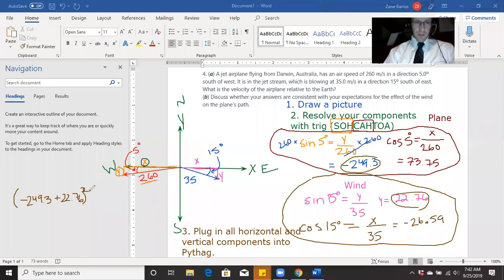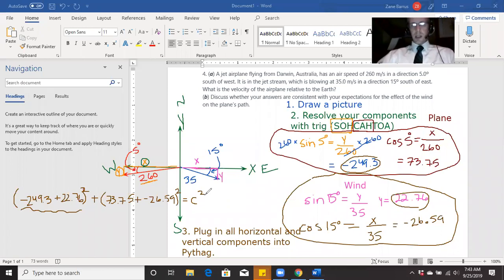So that's our a squared. Now let's do our x components. This is going to be our b squared. Our x components were 73.75 plus negative 26.59. So we have this giant parentheses, which is a squared, and this giant parentheses, which is b squared. Let's set that equal to c squared.